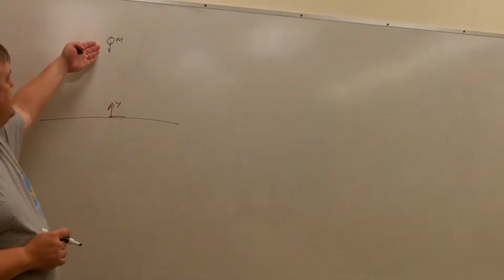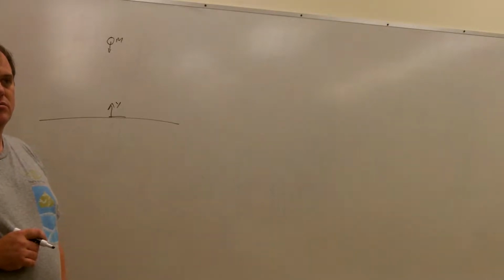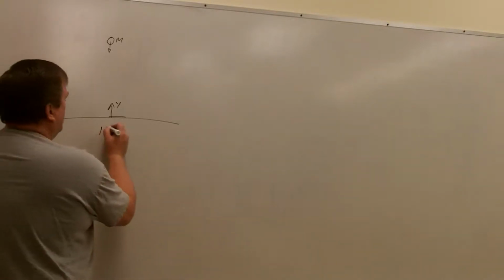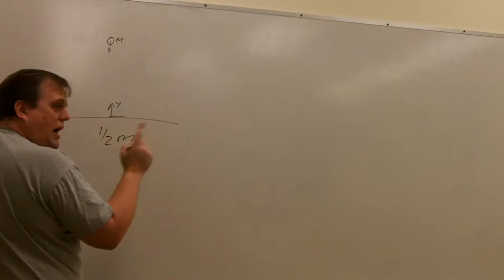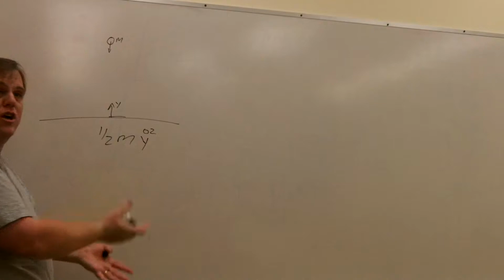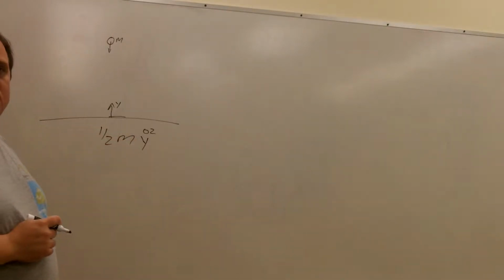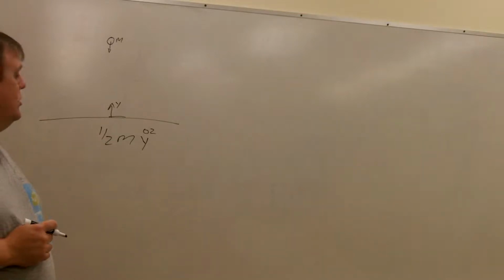So I can ask you the question, what is the kinetic energy of that ball at any particular time? It's 1/2 m v squared, but the velocity in particular is y dot squared. There's nothing in the x, so it's only the y direction. So that's my kinetic energy. What's the potential energy?